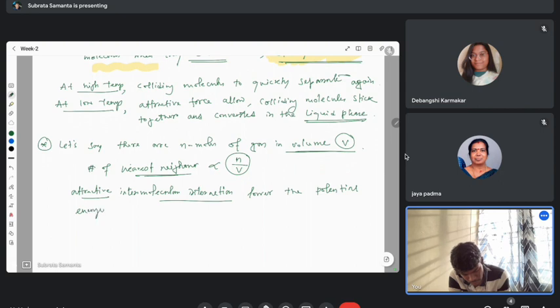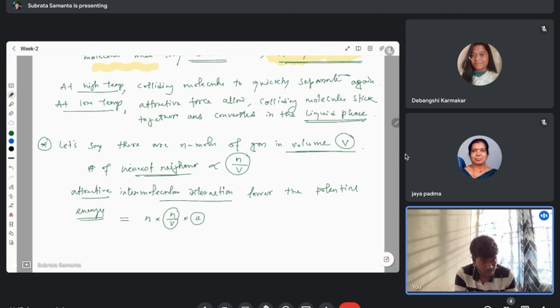Initially, in the ideal gas situation there is no potential energy. Now the potential energy comes into the picture due to this attractive potential, and these attractive intermolecular interactions lower the potential energy. By which amount? There are n molecules, and the number of nearest neighbors of each molecule is n by V, so it is proportional to n times n by V times some proportionality constant we call a. Here n moles means a number of molecules, and n by V is the density, the number of nearest neighbors.